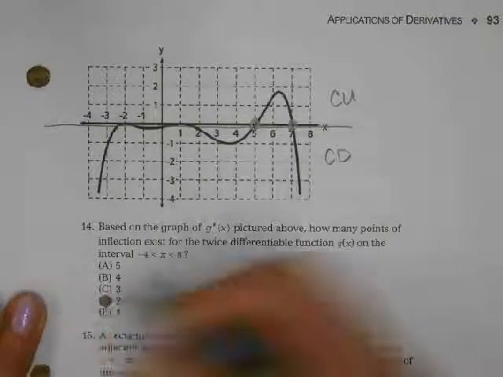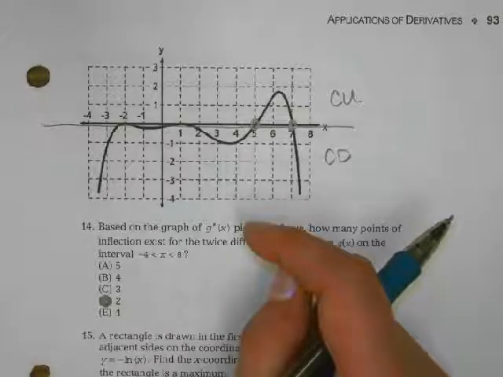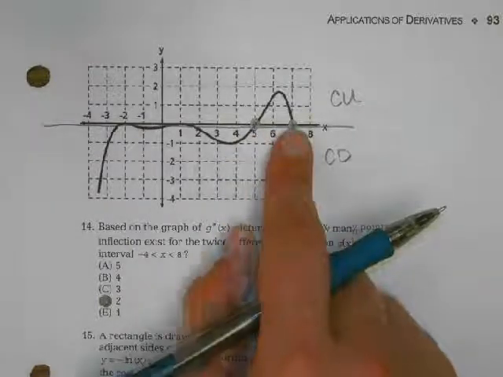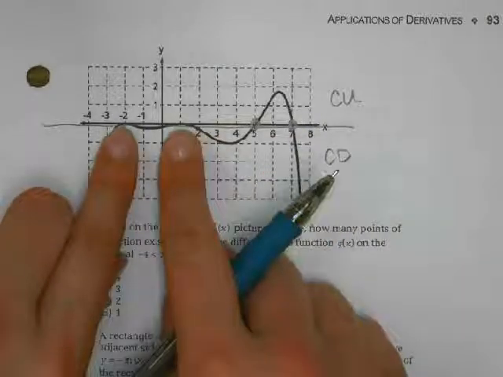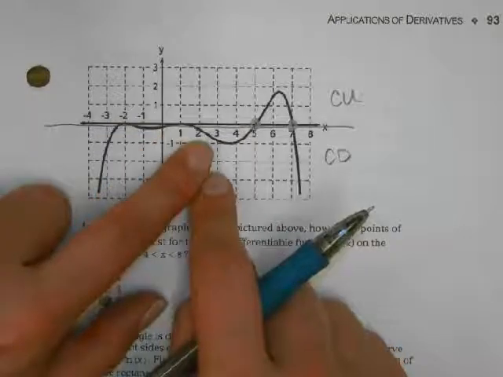The reason this question is tricky is because some people think of points of inflection as found at x-intercepts of the second derivative, which is true, these are x-intercepts, but you actually have 2 x-intercepts right here, where the graph was concave down and stays concave down.